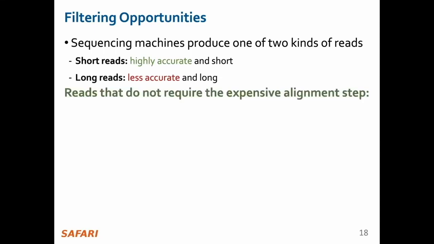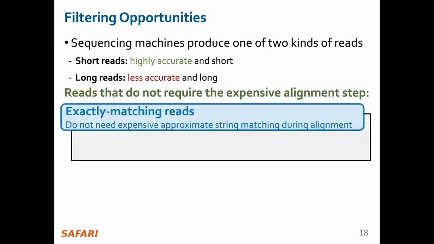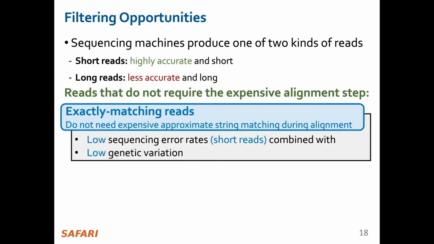Reads that do not require the expensive alignment step, and therefore are good candidates for the in-storage filtering which we leverage in this work, are exactly matching reads that do not require expensive approximate string matching during alignment. That frequently occurs with short reads that have low sequencing error rates and also low genetic variation.